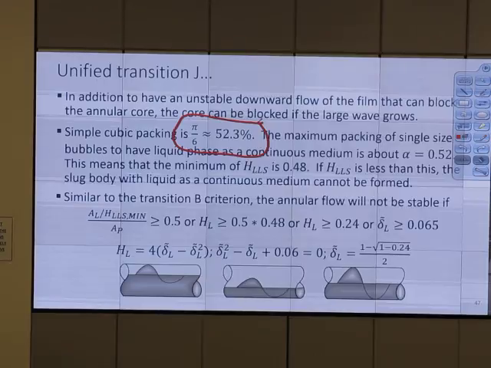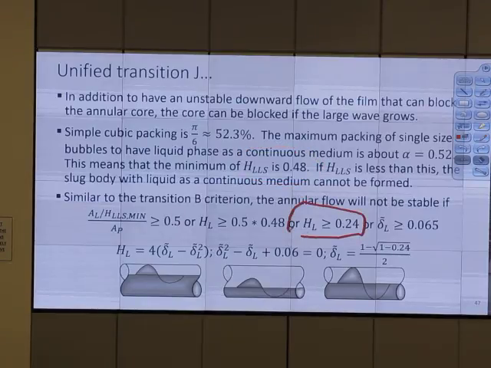It's not 0.35. This time it's 0.48. So HLS minimum is 0.48. Put it in, use the same approach, and we get 0.24.